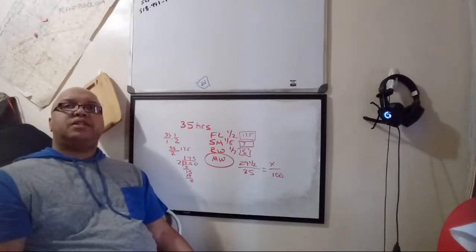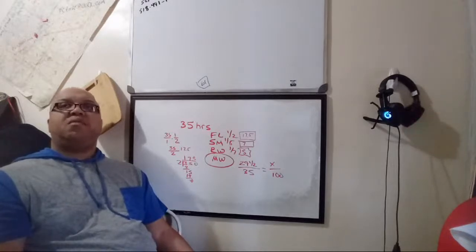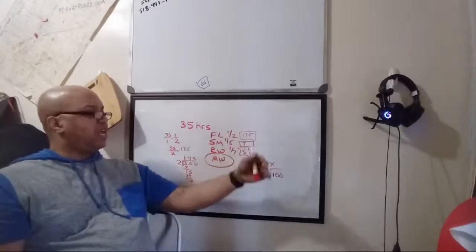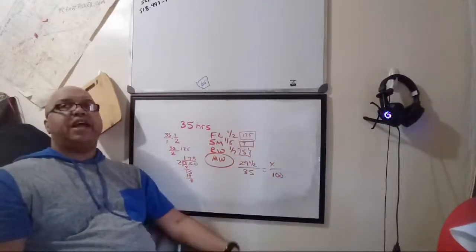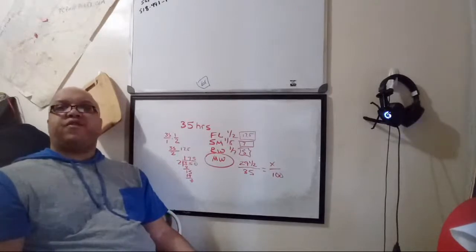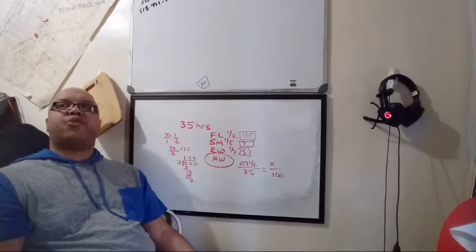So the closest answer is delta, because we took some of this out, which means it's probably maybe like 84, 85%. And if it's 84, 85%, then it's 15% of the time we spent on messenger work. So answer delta.